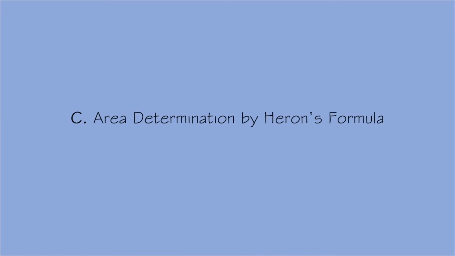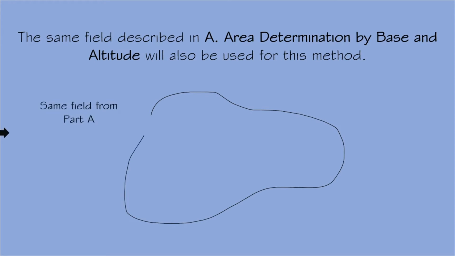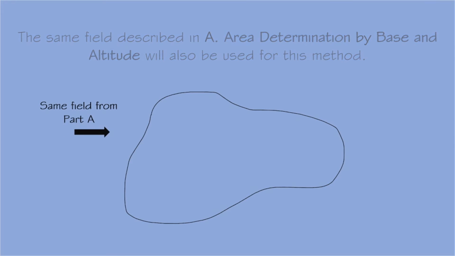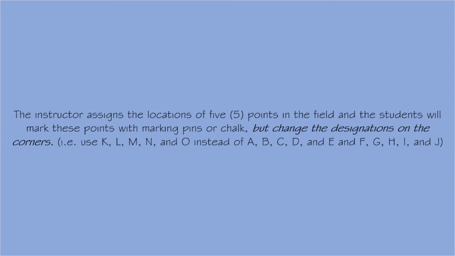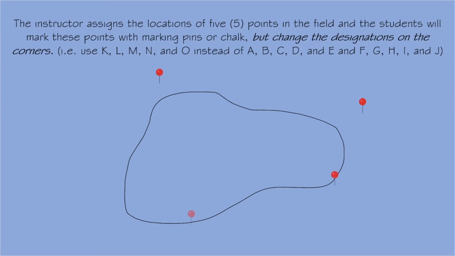Now, for part C, area determination by Heron's formula. The same field described in part A, area determination by base and altitude, will be used for this method. Again, the instructor assigns the location of 5 points in the field and the students will mark these points using either marking pins or chalk.